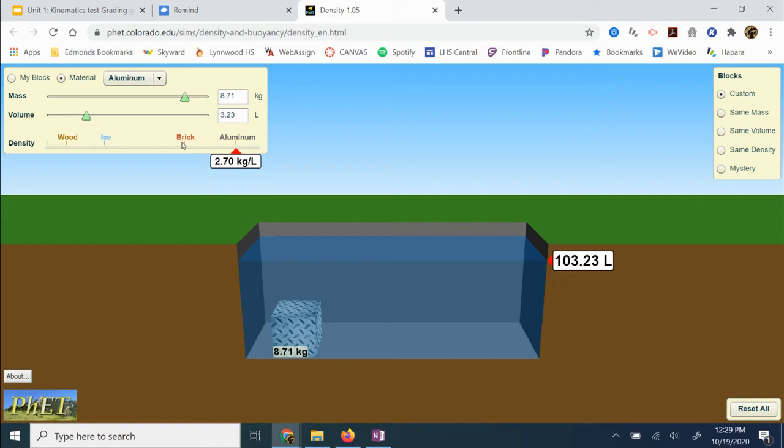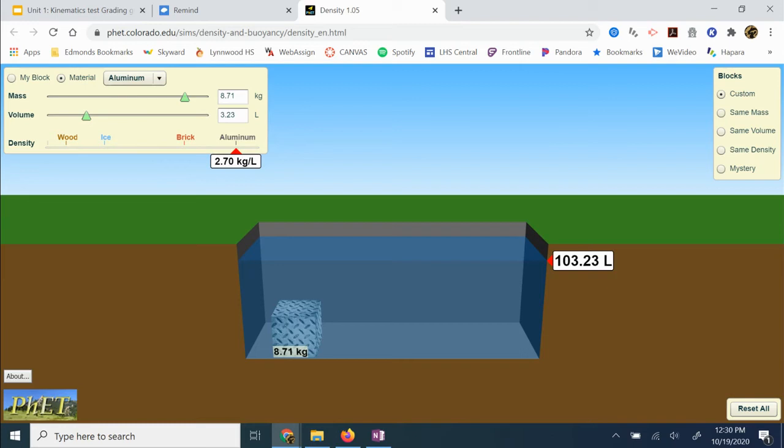So we should see that a brick, which is 2 kilograms, is less dense than aluminum, so that brick should float in the aluminum. So I don't think we can actually try that one.